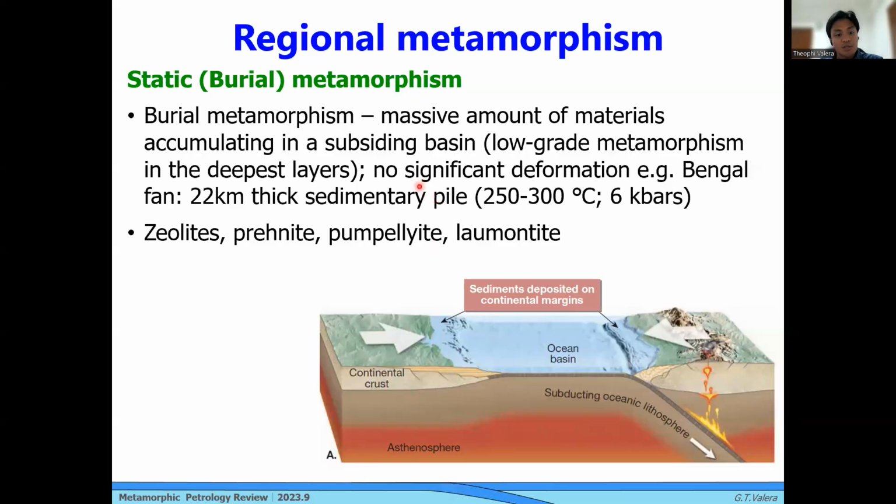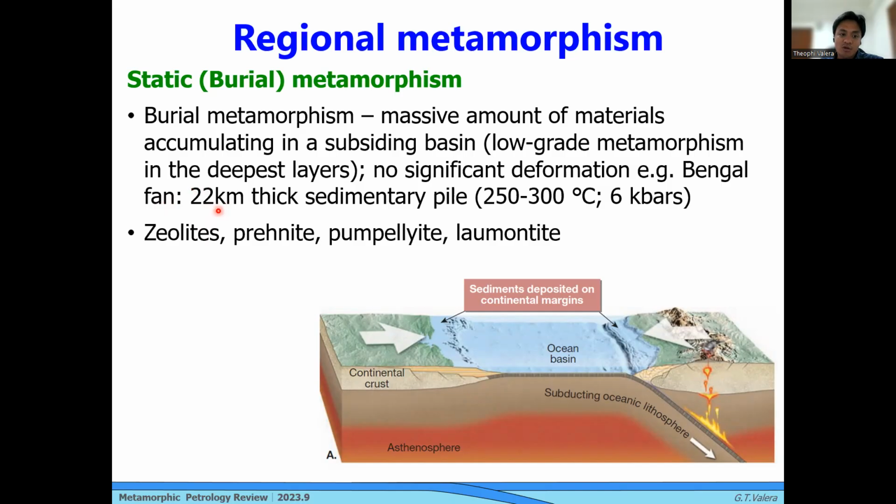So usually, this only results in low-grade metamorphism in the deepest layers only, with no significant deformation. For example, gaano ka lalim before mag-metamorphose? An example is the Bengal Fan. So Bengal sa India, yung Bengal River, nagde-drain dito papunta sa Bengal Fan.